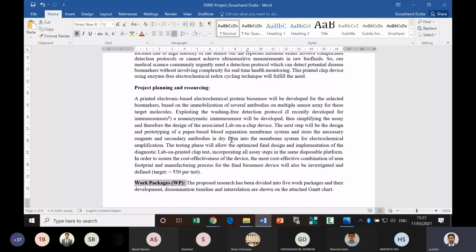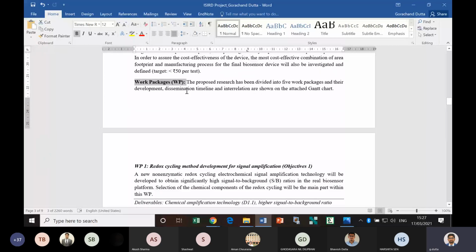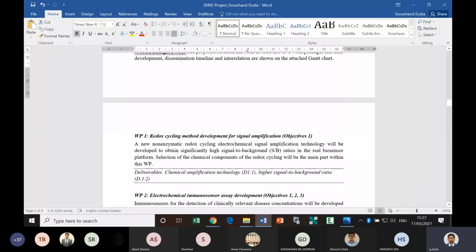Right. So in the first work package, what will you do? Maybe you can mention that in this first work package, you will do some redox cycling method for development of signal amplification. So first you will test your amplification method, whether it is working properly or not.